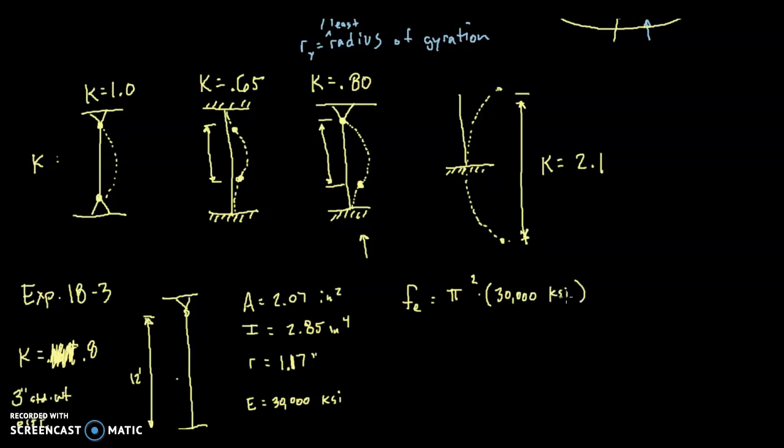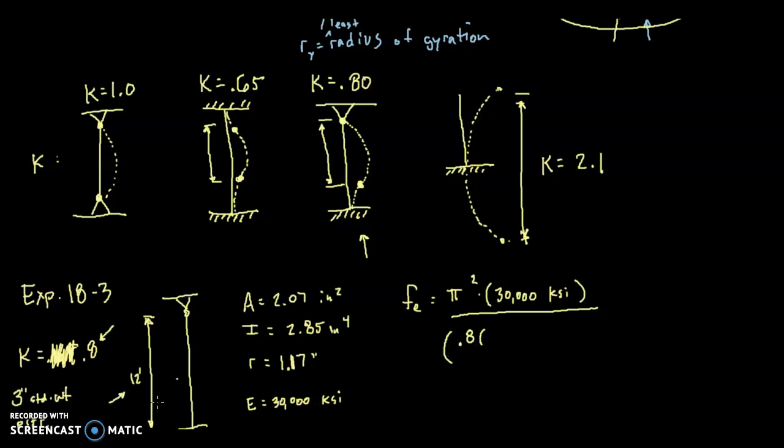That's the modulus of elasticity of steel. So we've got pi squared times E divided by KL over R. Our K value is 0.8 because we have a fixed pinned column. So the design value we want to use is 0.8. And L, the length, is 12 feet.